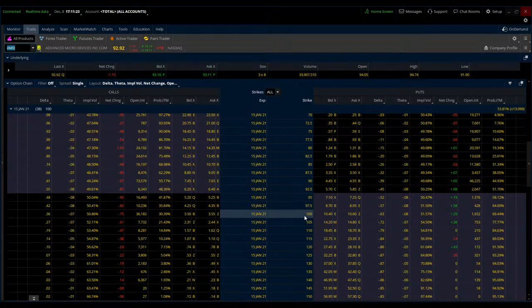Nasdaq was green. The Dow was lagging. So that's why I wanted to pick the 100, because this chart was showing me that AMD was going to be very bullish. I got the 100 strike with a lot of time, and it was a cheaper premium, so more people can afford it.